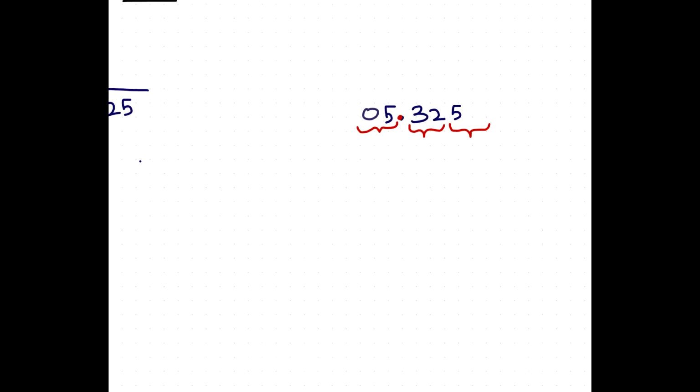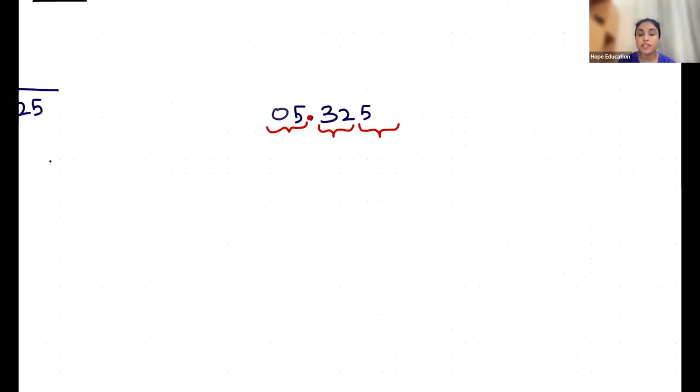Add a 0. Add a 0, yes. Where? After 5. Yes. We add a 0 after 5. When we add a 0 after 5, here also a pair is created. So now we have all the digit pairs.